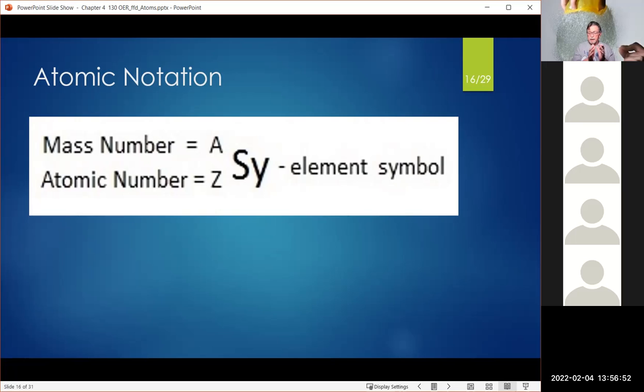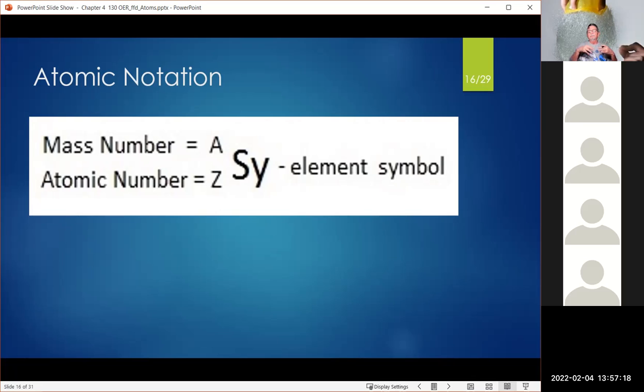We're going to learn the purpose of the neutron is twofold. One, it helps stabilize the nucleus as we add more protons into the positive charge. But second of all, the neutron defines the type of isotope an element has.